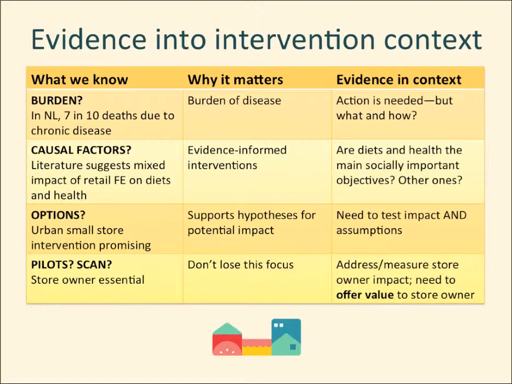But to place that evidence in context, we know that because a lot of that literature has happened in an urban area and we're really interested in improving rural health in our context, we need to actually measure the impacts of our intervention, but we also need to measure our assumptions along the way. And I'm going to get into a little bit more detail later on about how we do that.